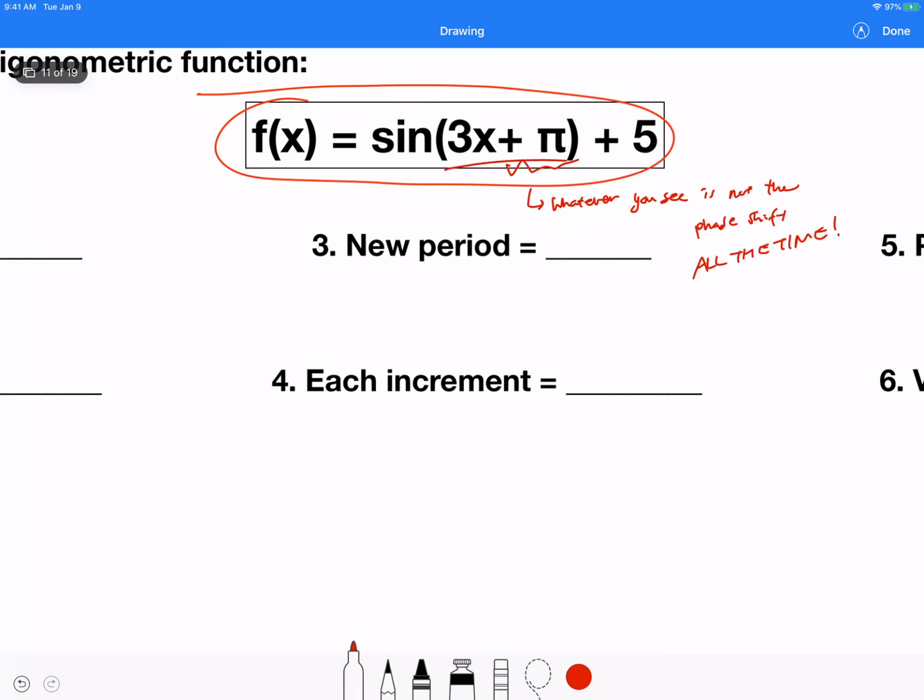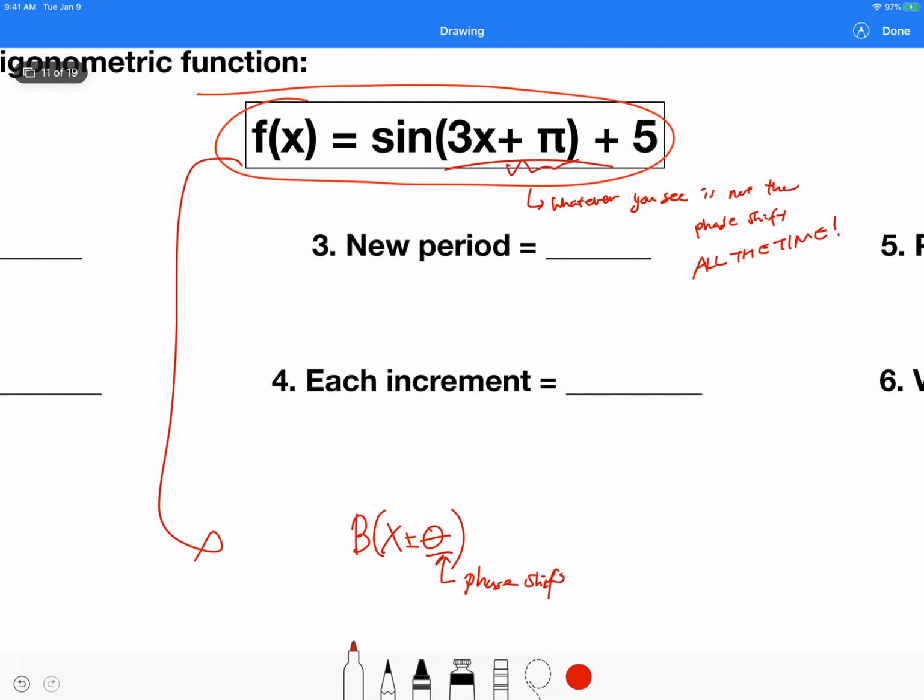Well, that's because the regular trigonometric function graph equation format always follows b times x minus or plus theta, okay? Which we say is our phase shift.